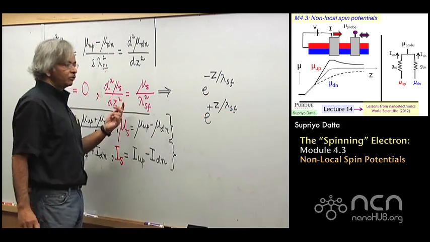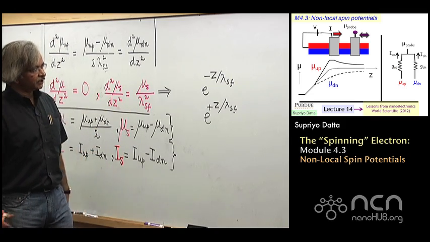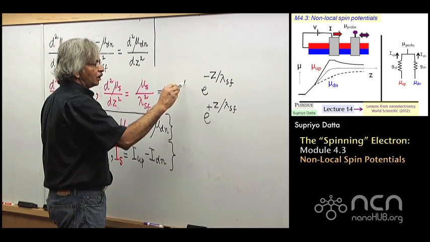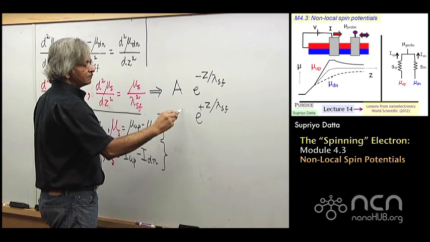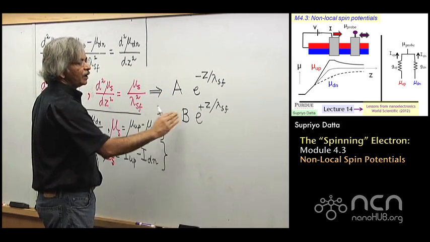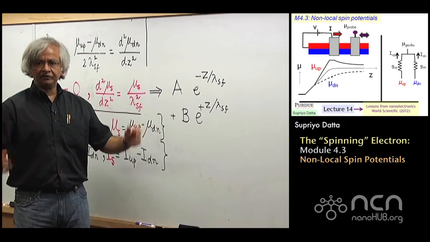This will satisfy that equation, and this will also satisfy that equation. So in general, you can write solutions in the form of some constant times this plus some other constant times this. And the way you figure out the constants is by applying the boundary conditions.